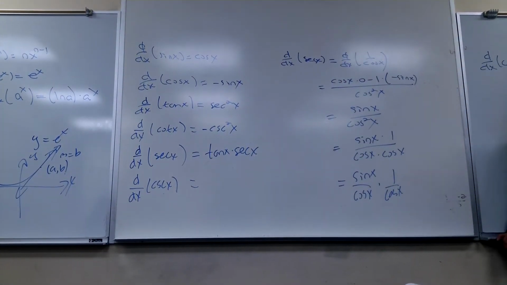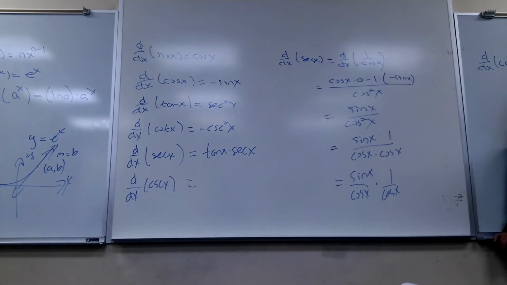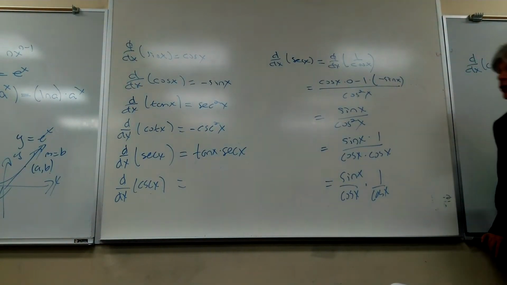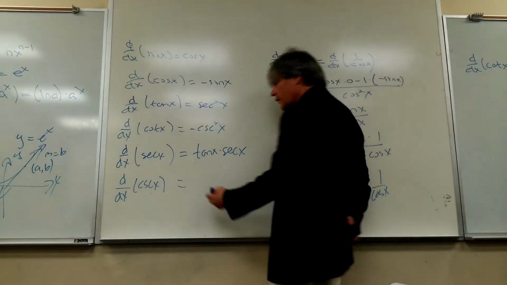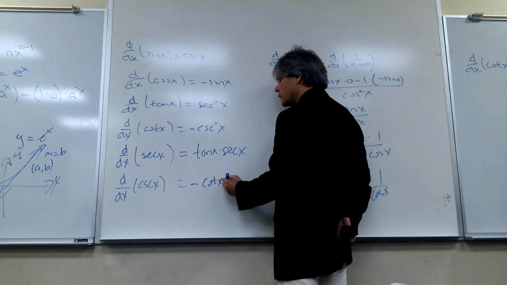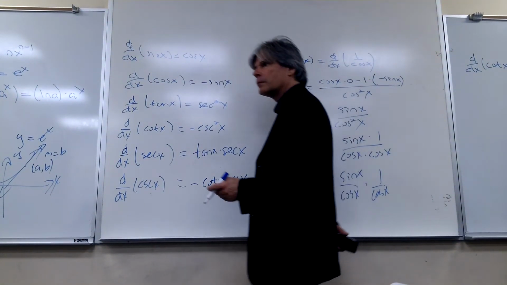You're going to see this over and over again in mathematics. Now, I think I can use almost the identical proof to show you that to differentiate cosecant of x, you get the negative cotangent of x times the cosecant of x.